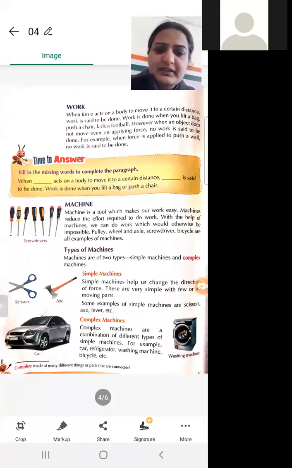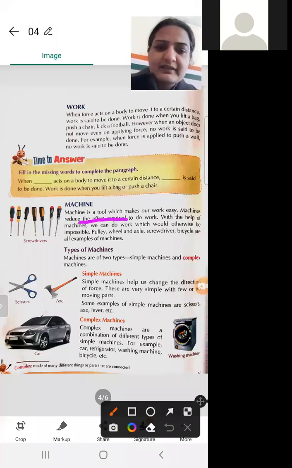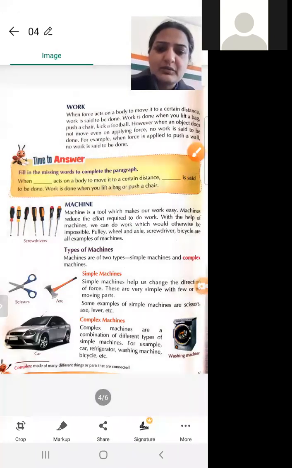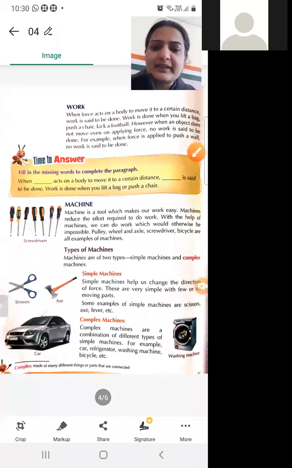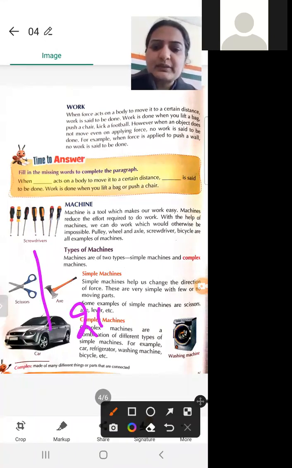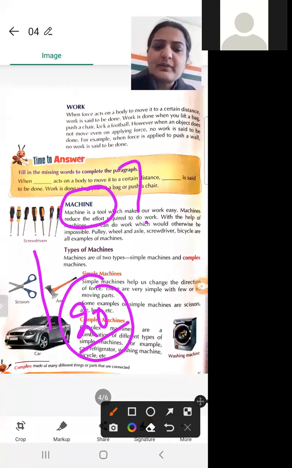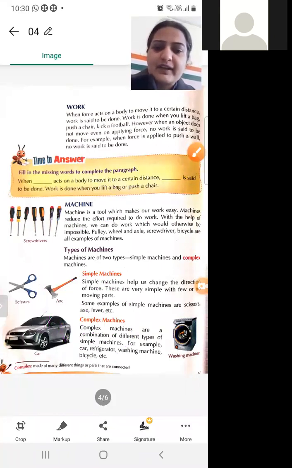Machine reduces the effort required to do work. Suppose it requires 20 Newton, 20 joule effort. So the machine reduces the effort.